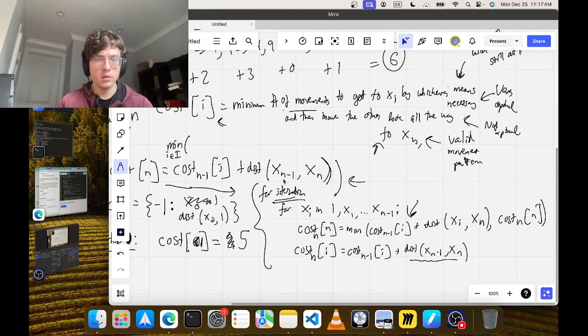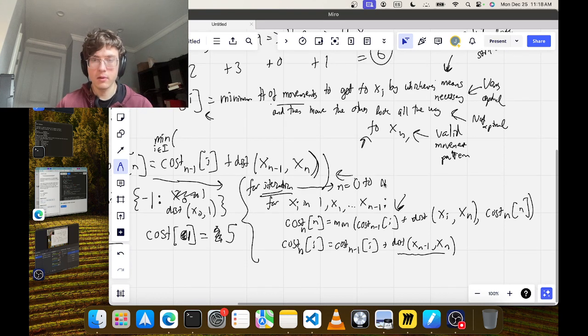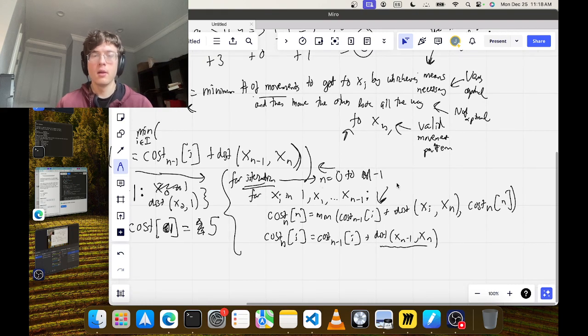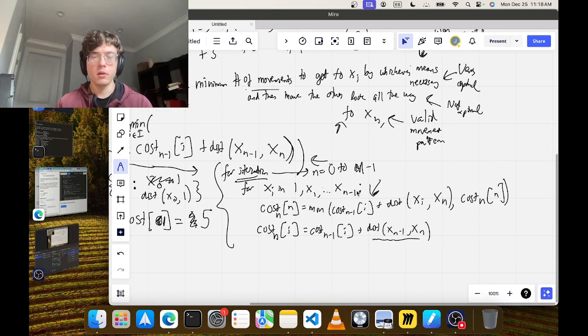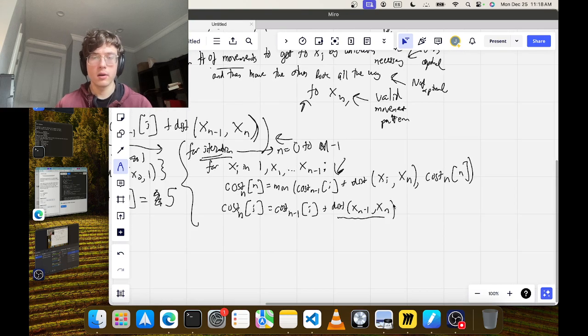So for iteration, this is from n equals 0 to probably n minus 1. I think it's n minus 1. We're going to look through all the possibilities, and then we're going to have to update not only our cost, but also, I don't know if this happens before, well, it doesn't matter.